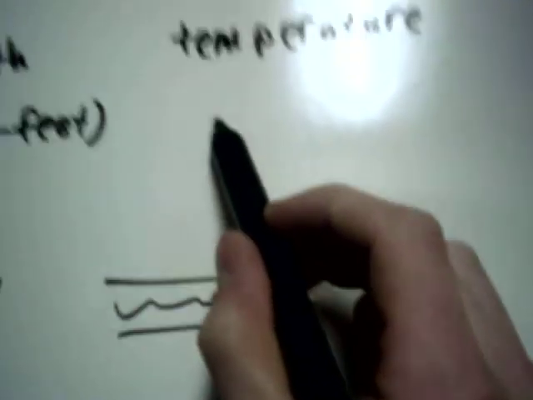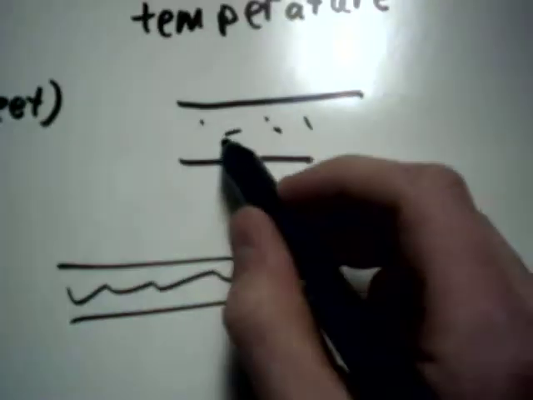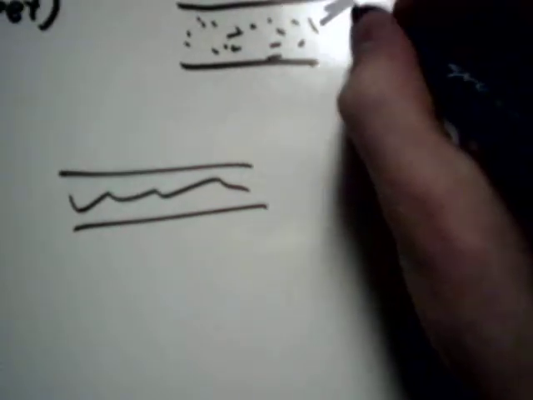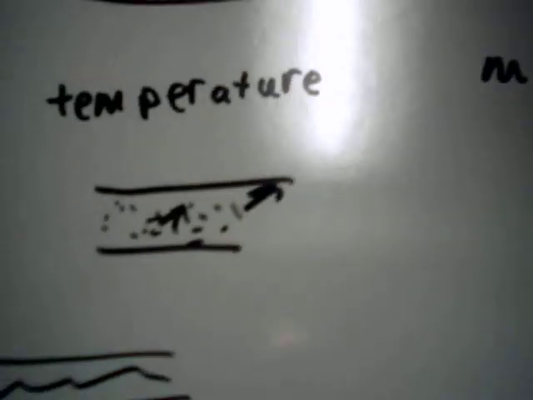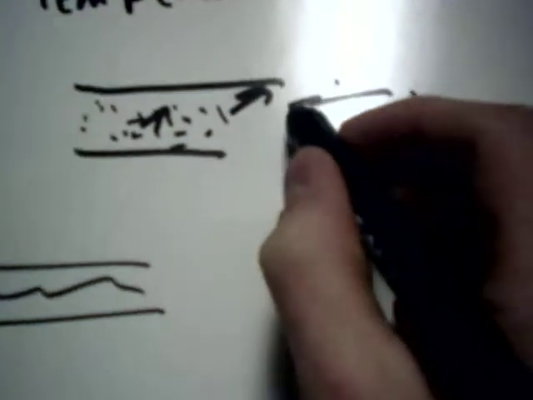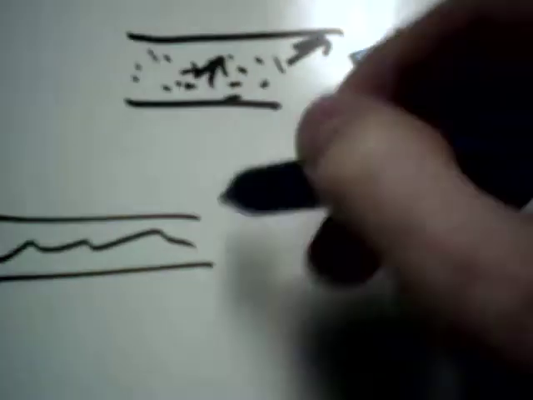The next one is temperature, and this one's a little non-intuitive. When you have your wire, you have all of these particles that make it up. If it's a metal conductor, it'll have metal atoms, and these things are bouncing around. The hotter it gets, the more they bounce around, and the poor little electrons that are trying to flow through get blocked because these atoms are getting in their way.